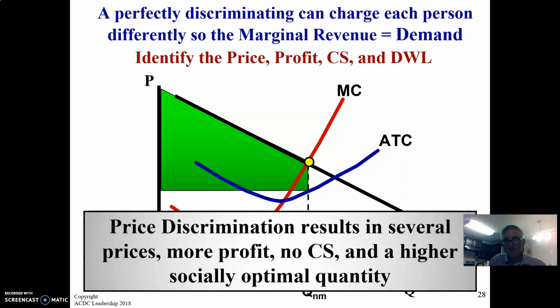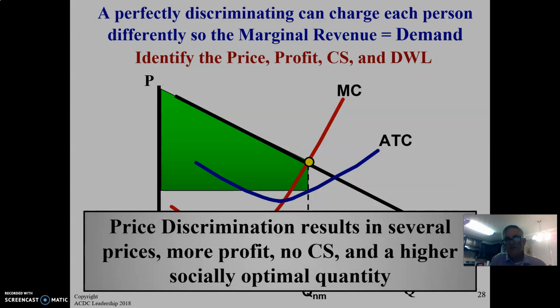So yeah, price discriminating results in several prices, more profit, no consumer surplus, because think about it, he used all of his money. And a higher socially optimal quantity than a regular monopoly would.